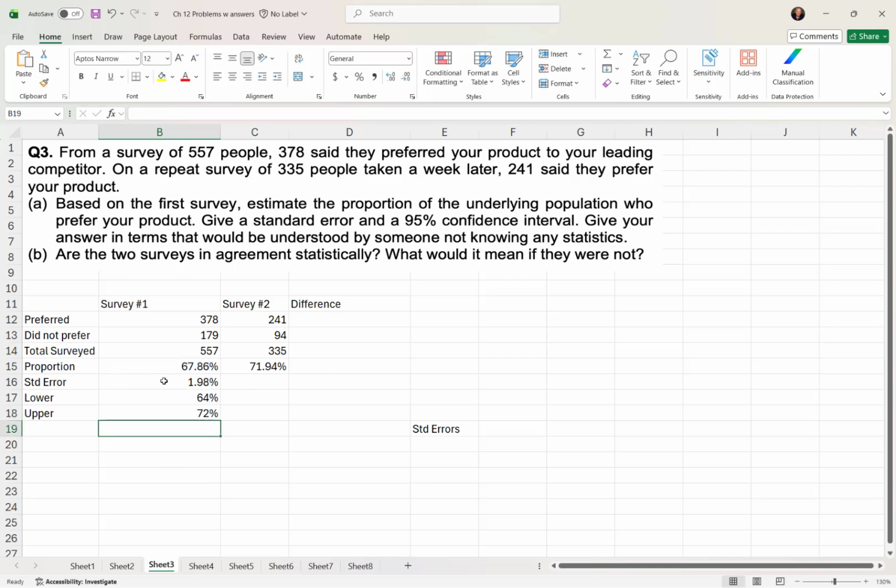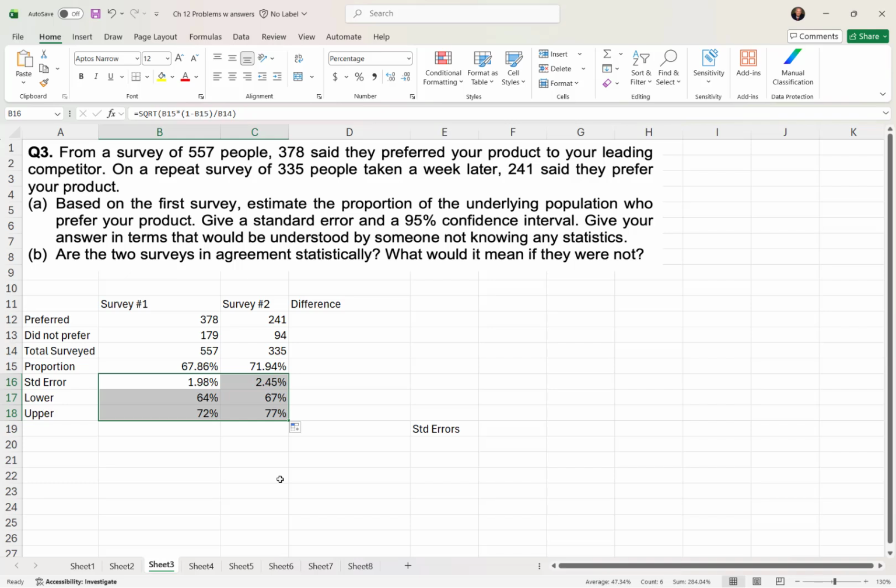So it's from 64% to 72% is the 95% confidence interval for the true proportion of people that prefer my product. Now, because of the way I set it up, I can just copy it over here and get the values for the second survey.